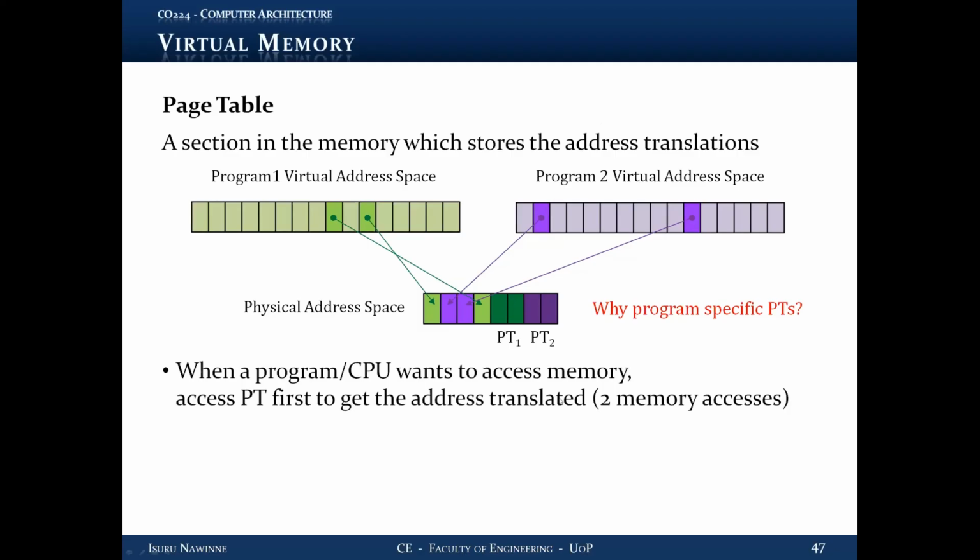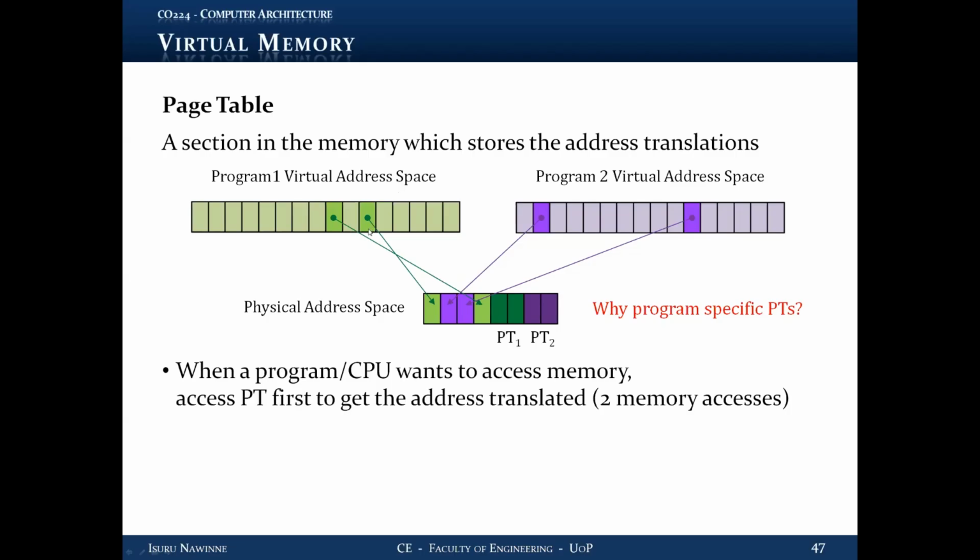Right. So how does this work then when the CPU or program running on the CPU wants to access memory? It needs to first go to the memory and access the page table. So here, just assume that your program one now wants to access a word in that page. Then it first needs to get that virtual address translated into the corresponding physical address.